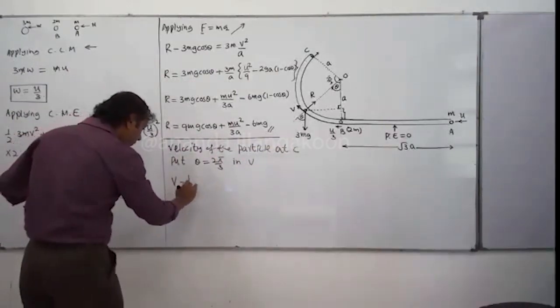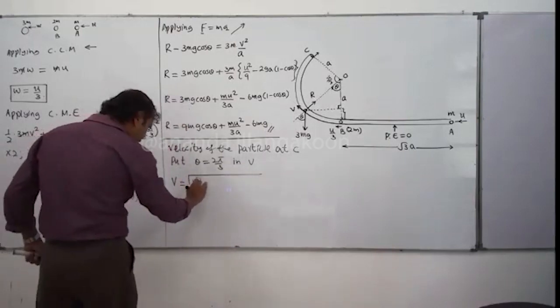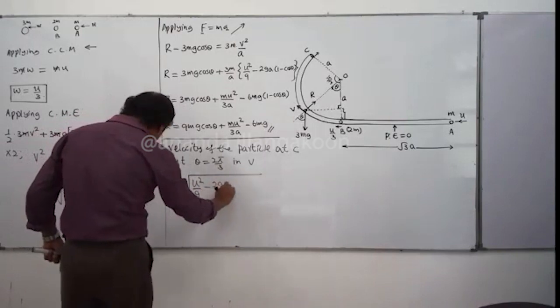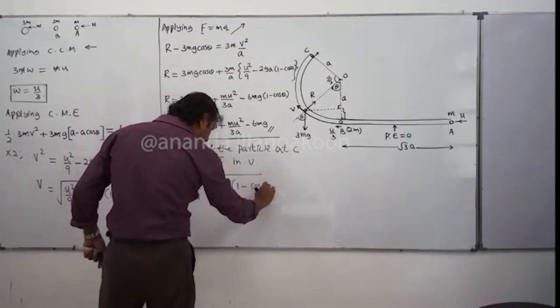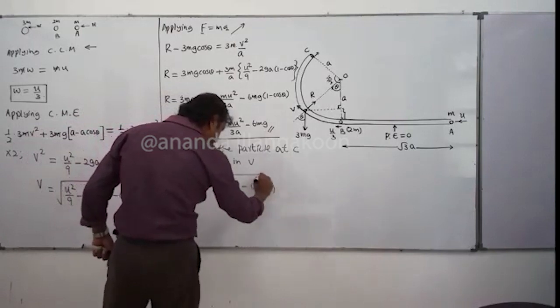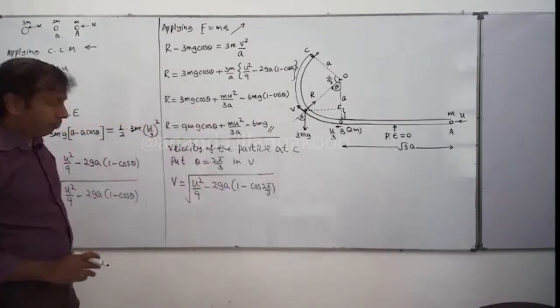v is equal to the square root of u squared by 9 minus 2ga times 1 minus cos 2 pi by 3, cos 120. You know cos 120 is minus half. Put here minus half.